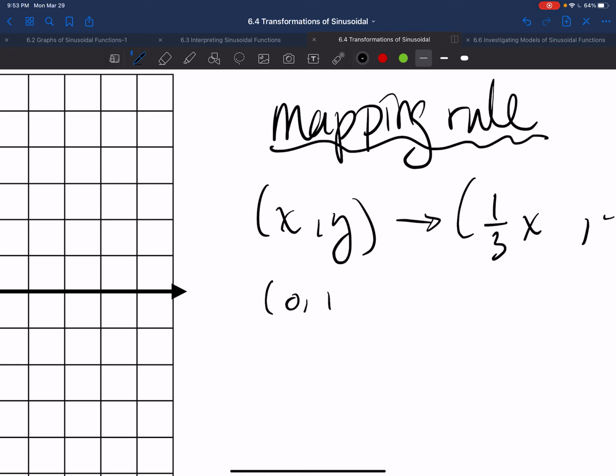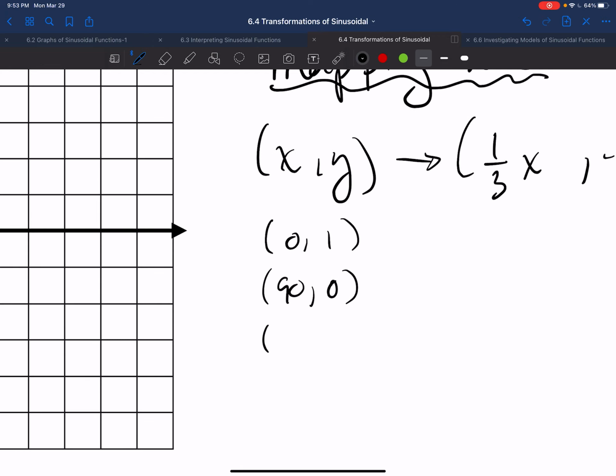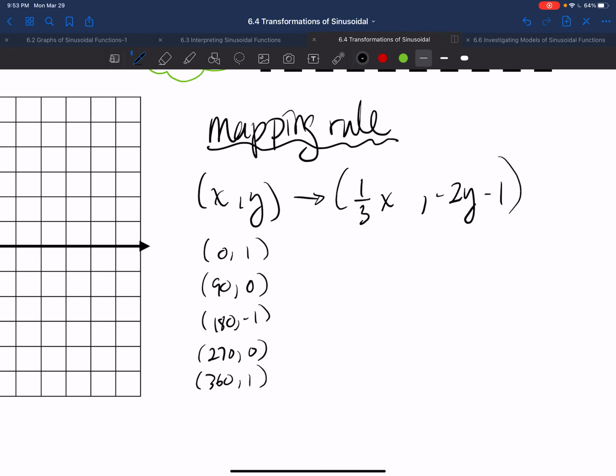So 0, 1, 90, 0, 180, -1, 270, 0, and 360, 1. And you're going to transform these points.